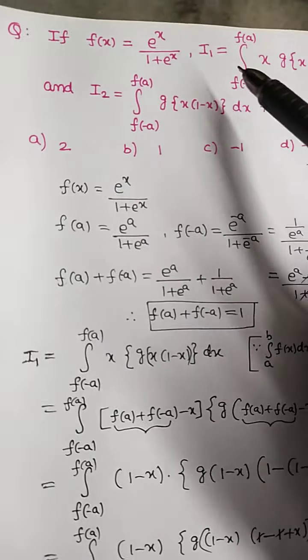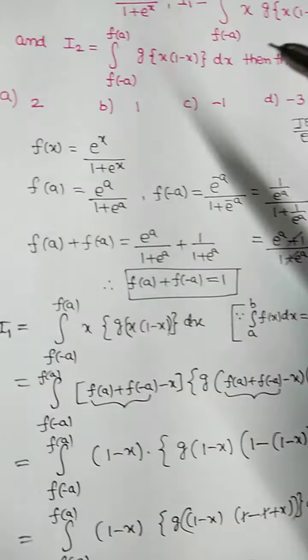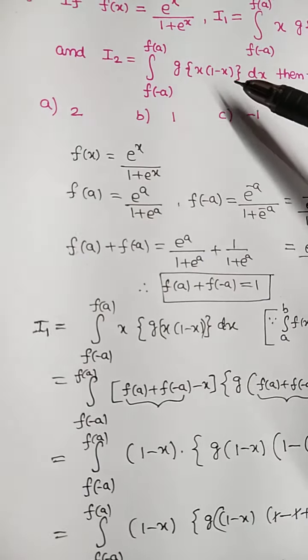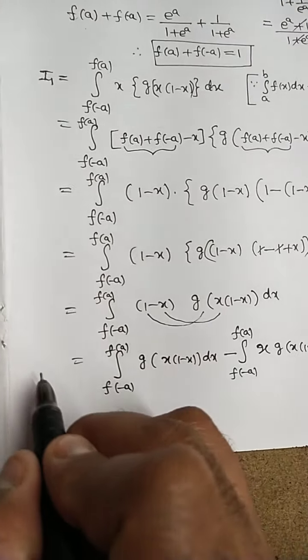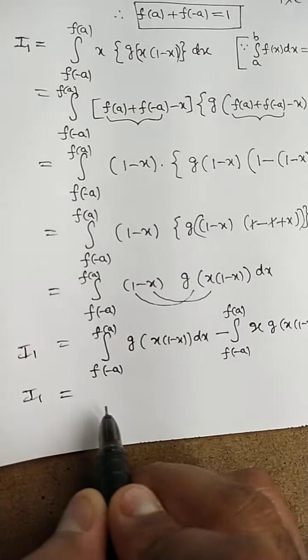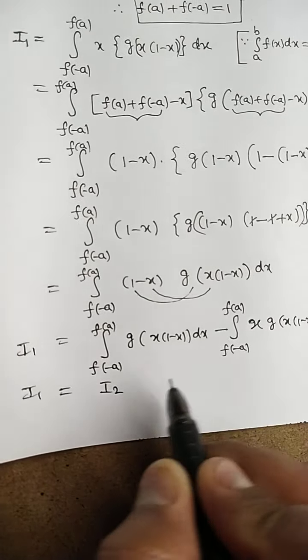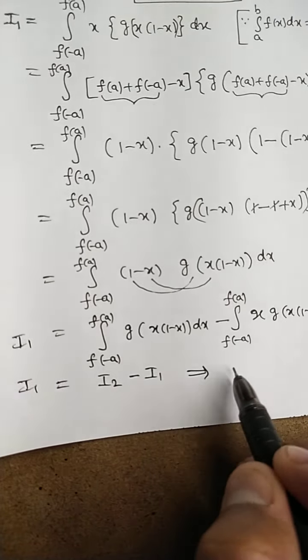From the given information, x into g of x into 1 minus x value is I1 and only g of x into 1 minus x value is I2. So by observing, this I1 is equal to, this first integral value is I2, second integral value is I1. So minus I1 we can take this side.